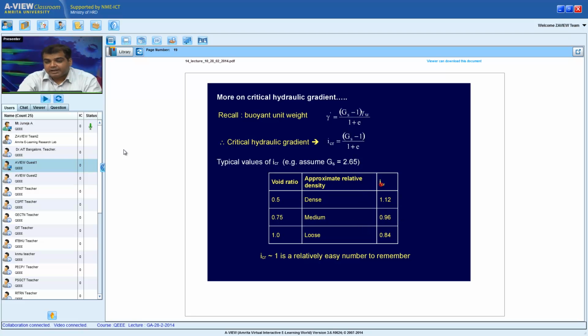If you don't have any purposeful idea of the original void ratio of the ground or the specific gravity of the soil, we normally say that if the hydraulic gradient is less than 1, where 1 is assumed to be the critical hydraulic gradient, we are safe.